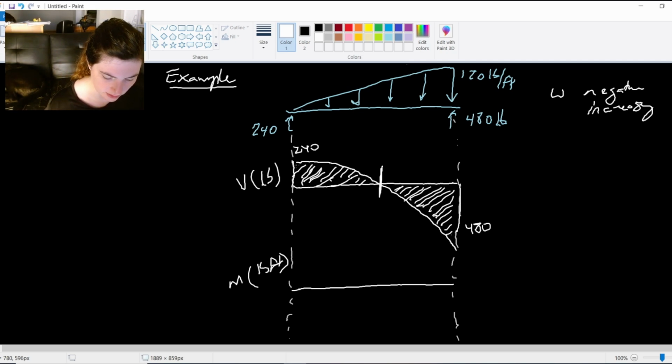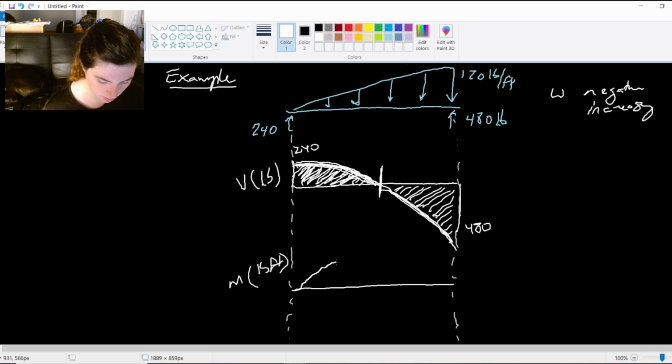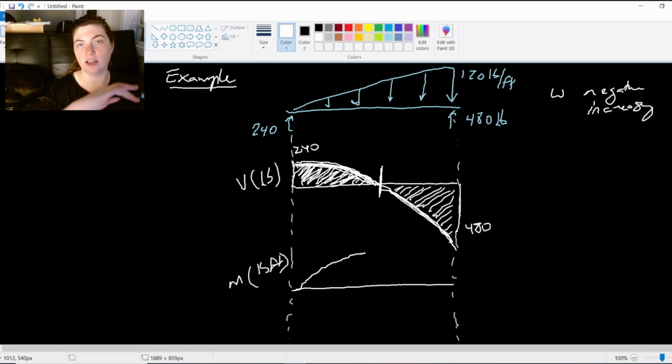Now we have these two regions that are going to cause a different looking moment diagram. Our shear now is positive. This side is all in the positive region, but is decreasing. So we're going to have a moment that has a slope that is positive, but decreasing. It kind of levels out more.